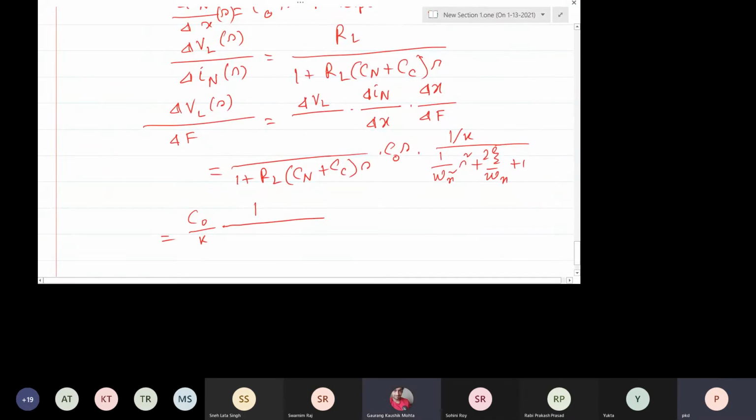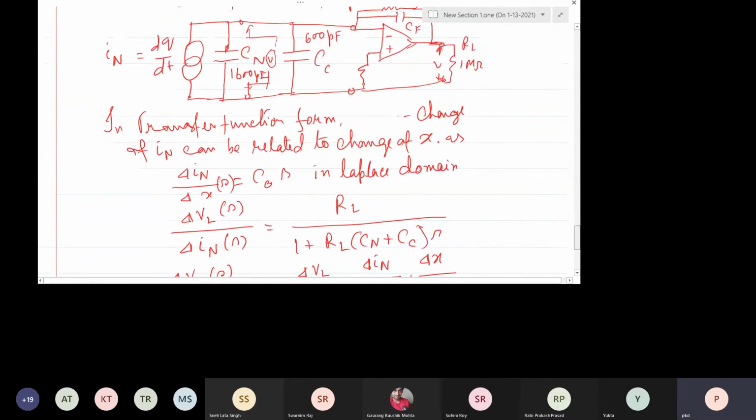Sir, can you now also show how the second relation came? Delta V by delta I. Delta V by delta I is coming from the circuit.